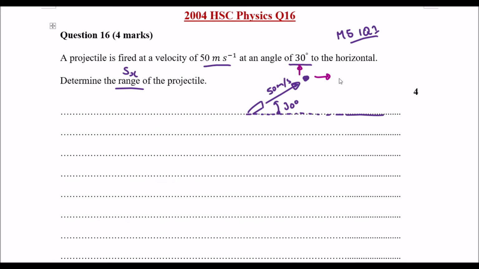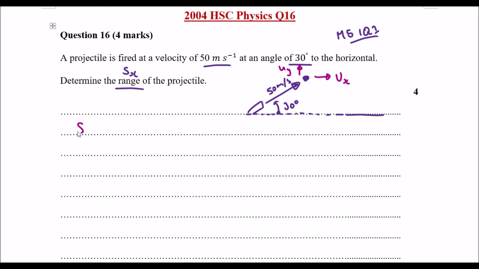We know that for the component of Ux, because there's no air resistance, there's not going to be any change in its velocity, while the vertical component will change. Now, let's have a look at how we can find the range.